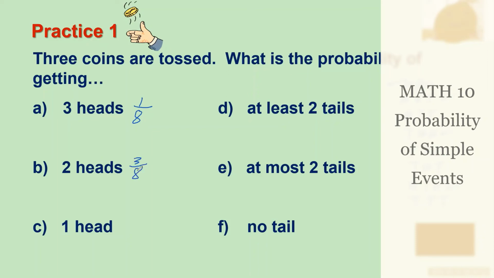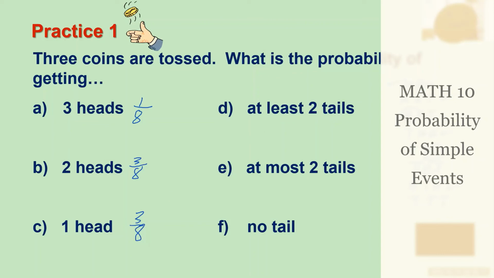Just correct me if I'm wrong. Pwedeng maduling ako sa pagtingin. So 3/8. We cannot reduce it anymore. 1 head. Meron ba? So 1 head, ito, 1, 2, 3. Only 3, no? 3/8.